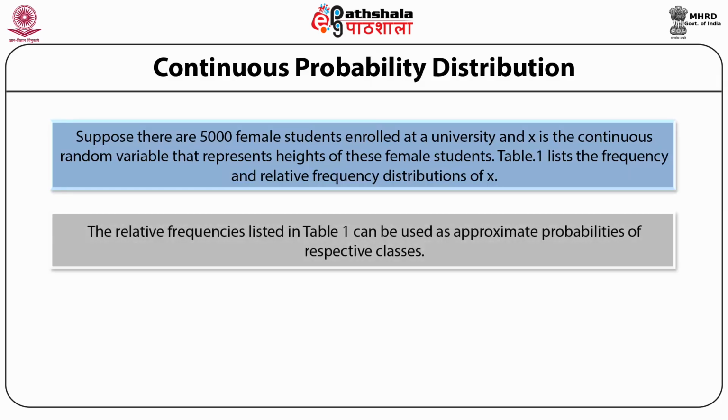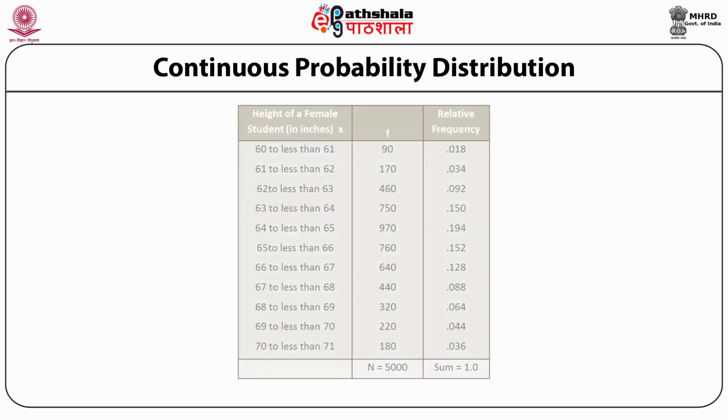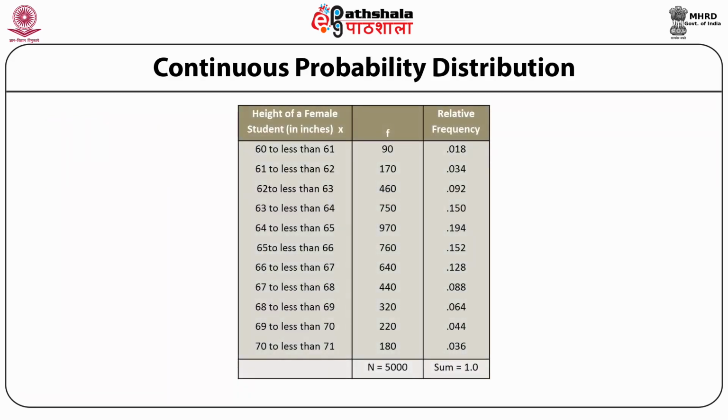The relative frequencies listed in the above table can be used as approximate probabilities of respective classes. We take first the figure, histogram and polygon for Table 1. In the table, the first entry is 60 to less than 61. These are all heights of a female student in inches.